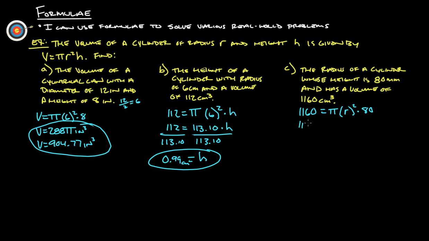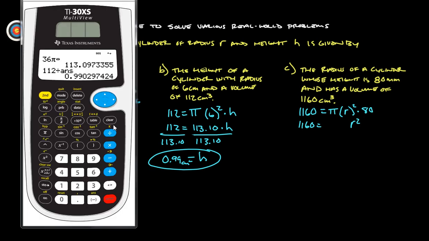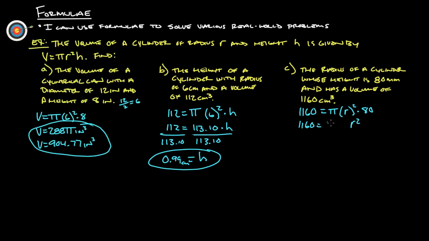So we have 1160 equals, we want to get r, oops, not r cubed, but r squared by itself. So let's do pi times 80 here. Pi times 80 gives us 80 pi. And then 251.33, we'll call it, times r squared. Divide both sides by 251.33.